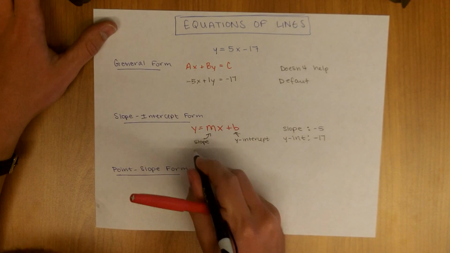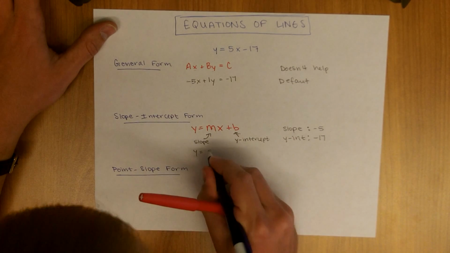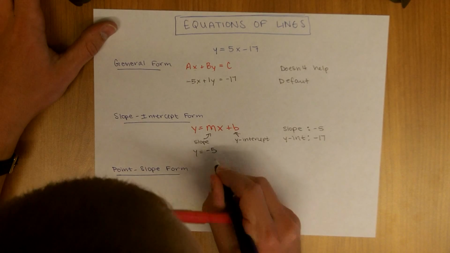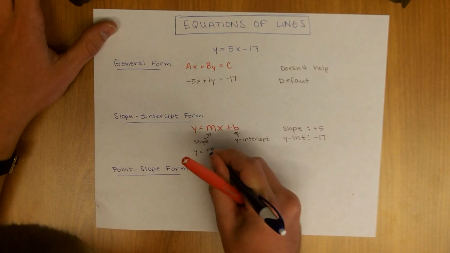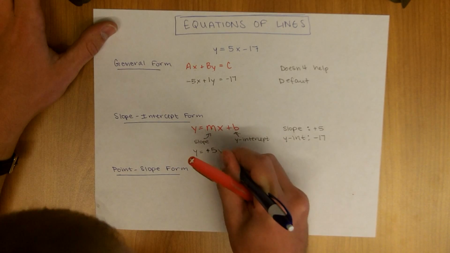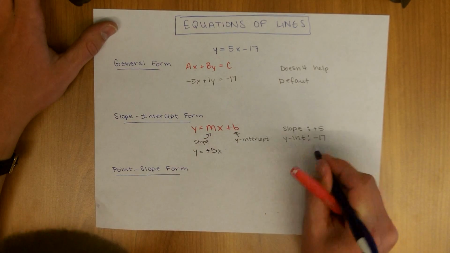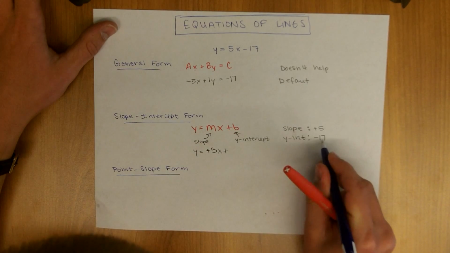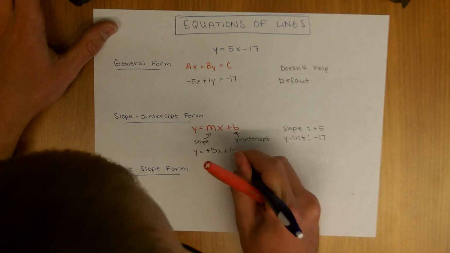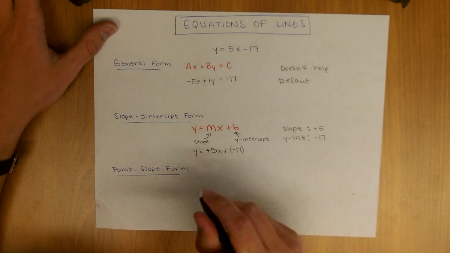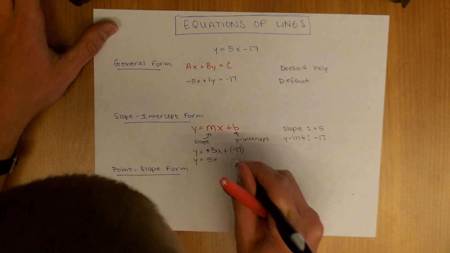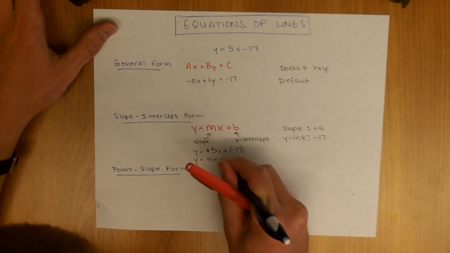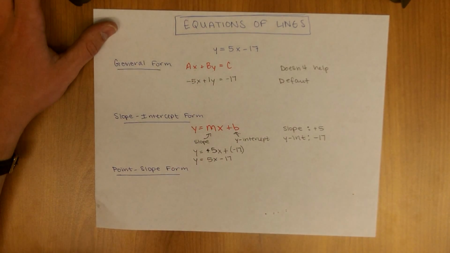for the m, I would write negative 5. Actually, let's change this to a positive 5, sorry. Positive 5, so I could get rid of this. 5x, and then plus, and my b value is negative 17. So if I were to rewrite that again, it would just be y equals 5x, distribute this negative, so it's 5x minus 17.